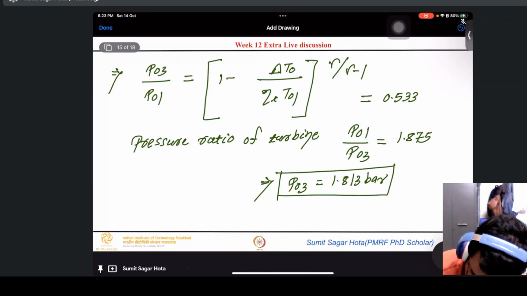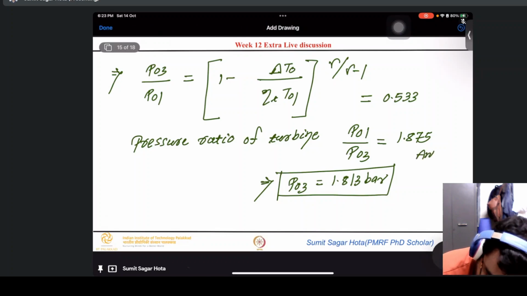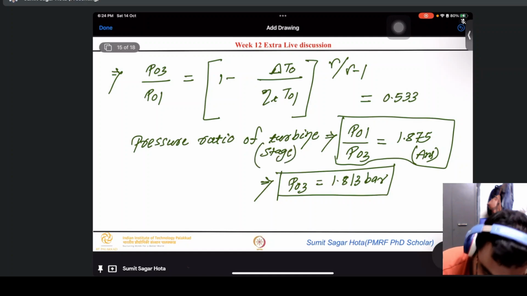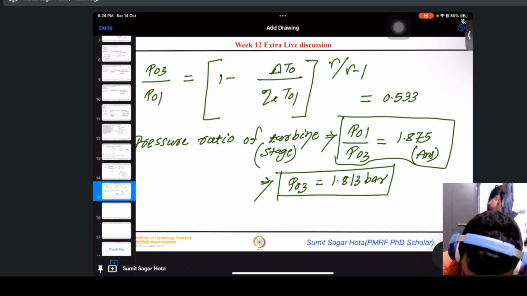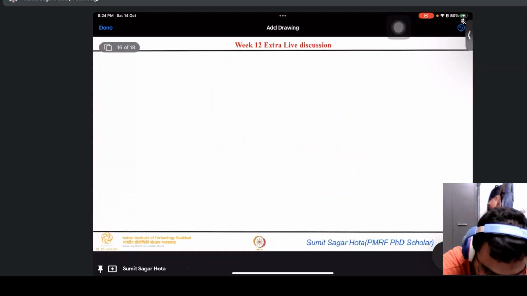P3 also you know, P1 by P3 also you know. Okay, so this is your answer. Okay, so now let's go to the turbine in stage. Okay, so next question, sorry, next bit.